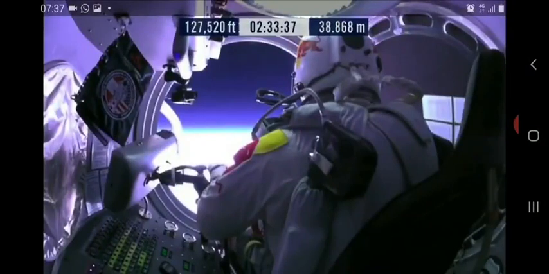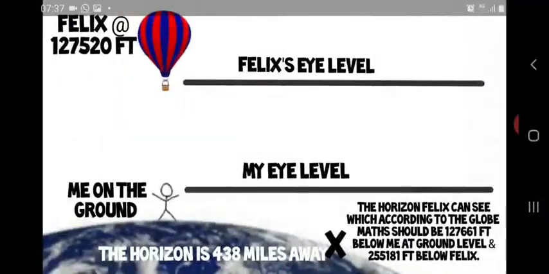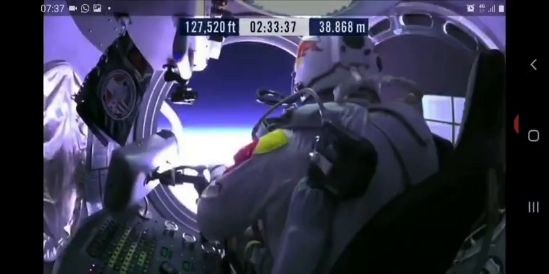You'd never see that horizon there. Particularly given the fact that globe maths says when I'm at ground level, that horizon Felix is seeing should be 127,000 feet below me. Obviously 430 odd miles away. Clearly ridiculous, considering Felix can see it right there.